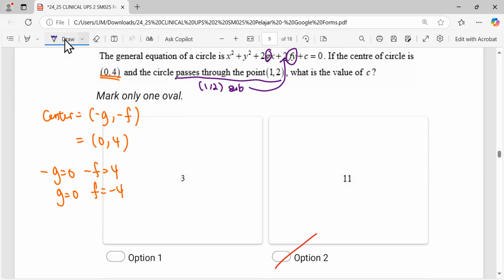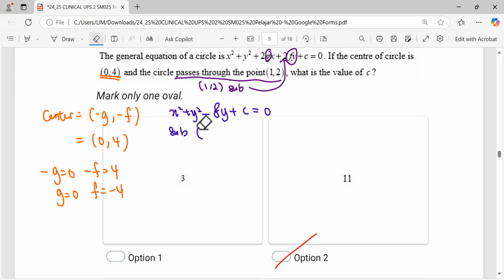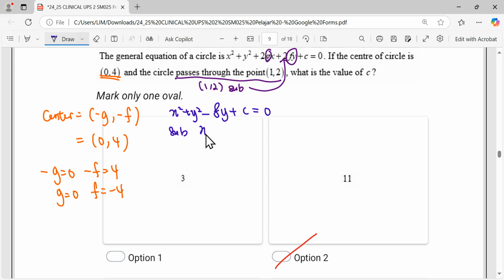Then our complete equation will be x squared plus y squared plus 2gx, where g is 0. When I times this by 0, it will totally be 0. So 2f, 2 times negative 4, will be negative 8y, plus c equals 0. And we substitute the point that it is passing through, which is (1, 2), which means the value of x is 1 and the value of y is 2.